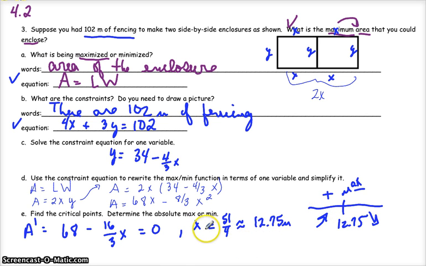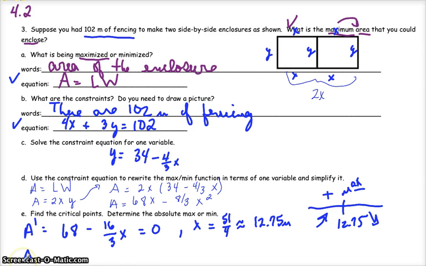So my x-coordinate is 12.75, and let's see what the problem asked us to find. It said, what is the maximum area that you could enclose? So I'm going to take 12.75 and go back to my equation for area. I can plug in 12.75 and calculate the area immediately. If I choose, however, to find y first, I can find y first, then plug x and y back into that equation. I'm going to go directly to the area.